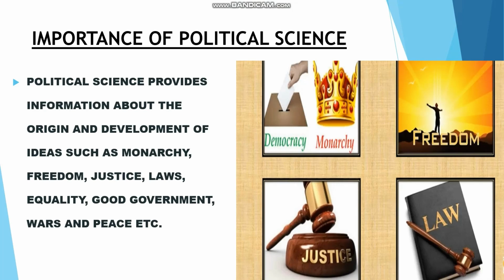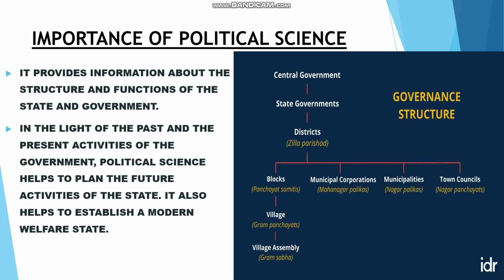We will come to know by studying political science. And good government, wars and peace, etc. Whether there are internal wars or wars between countries, we will come to know by studying political science.